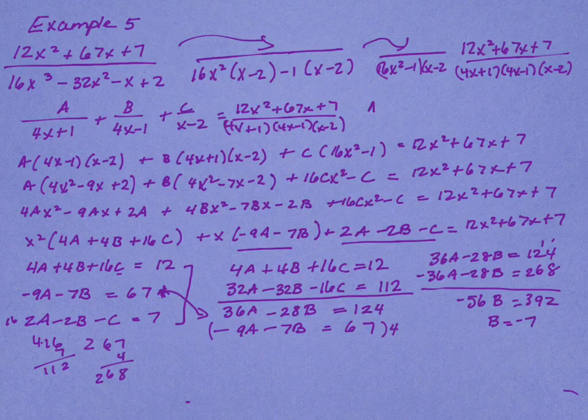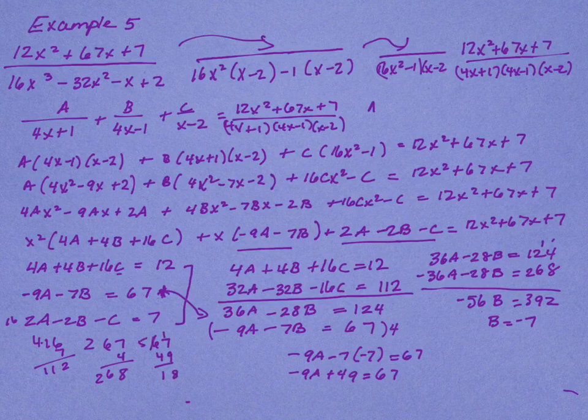Now go back over where I had negative 9A minus 7 times B, which is negative 7, equals 67. So negative 9A plus 49 equals 67. So this is my little scratch pad over here. 67 minus 49 is 18. So negative 9A equals 18. So A equals negative 2.